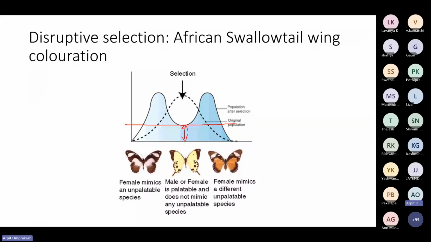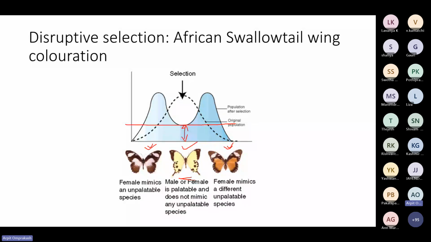Which is why, let's say, around 40 or 50% of individuals of this color are surviving, but 90 or 100% of individuals of the other colors are surviving. So the difference in proportion is there, but there are still a lot of these butterflies found in nature. That's why it's surviving.